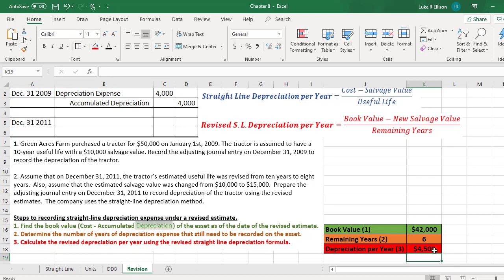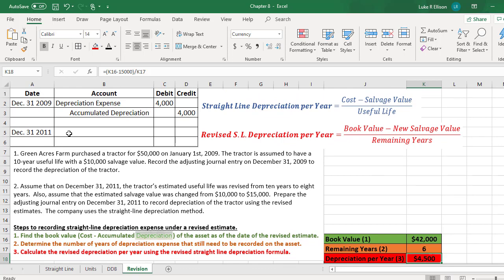And that gives us a revised depreciation per year of $4,500. So we're basically done. All we have to do is put this into a journal entry. So again, that's going to be depreciation expense for $4,500 and accumulated depreciation also for $4,500.